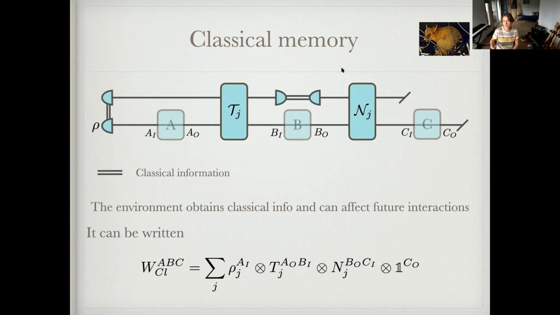And also the system environment interaction. Whether the system environment interaction is affected by the state of the environment, I don't know. I can say yes, I can say no. Obviously the output state will be affected by this, but the question is whether the actual transformation, the matrix describing that N_j, is also a function of this memory.